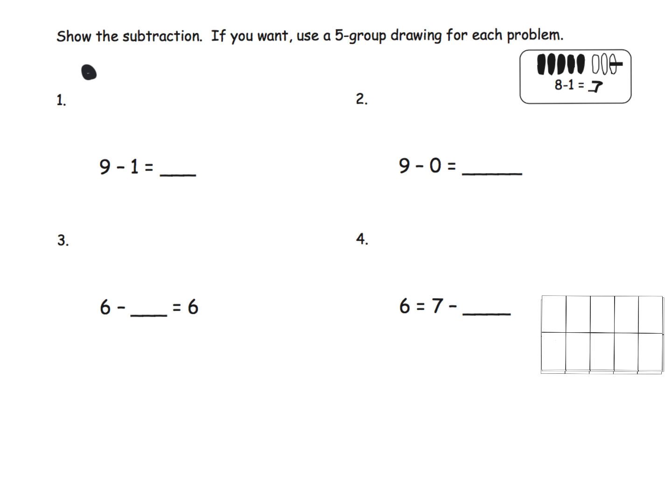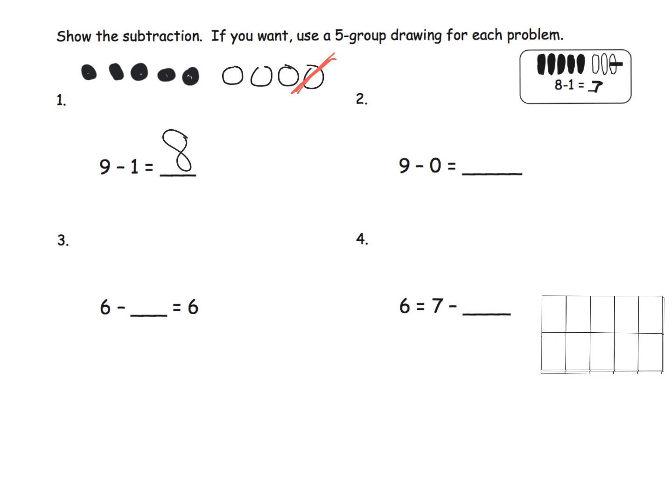They'd want us to do 5 dots, 1, 2, 3, 4, 5, and then 4 dots that are white. That's how we would begin the modeling process, with the 5 group plus the 4, and that's how we get 9. To show the subtraction, they want us to just cross off one of those dots, and then we'd count. Well, 5 plus 3 is 8, so the answer is 8.